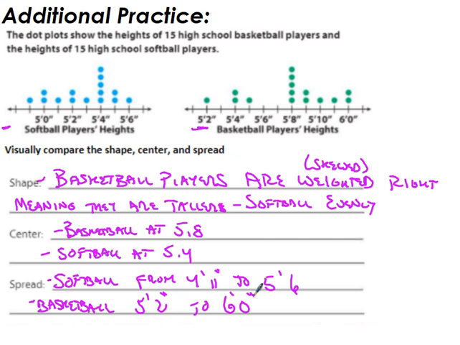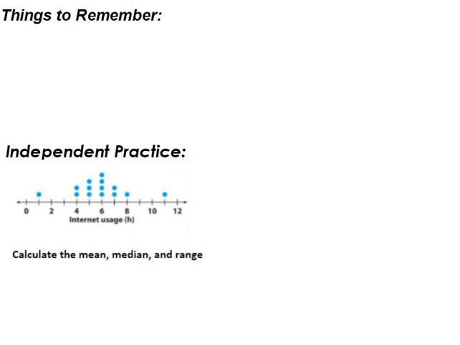Okay, that's it. We're just comparing the two, showing that all of this points out that basketball players are just tall. That's it. There's nothing else to this. So it's just looking at it, comparing, and then making some inferences and some generalizations about the data that we see. Okay.